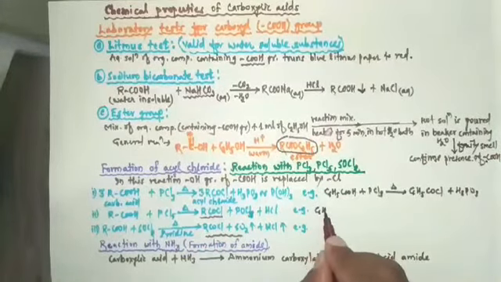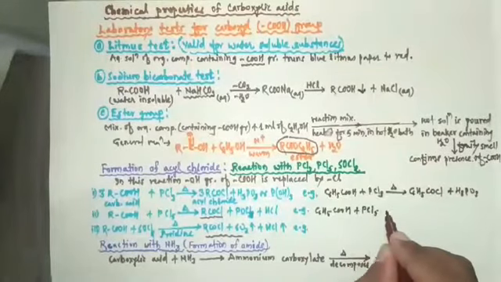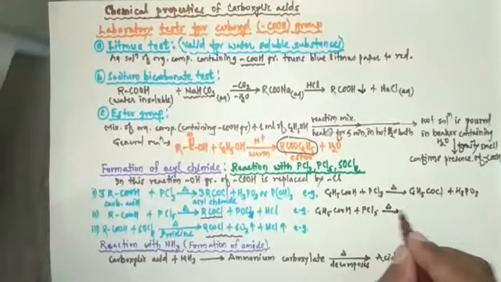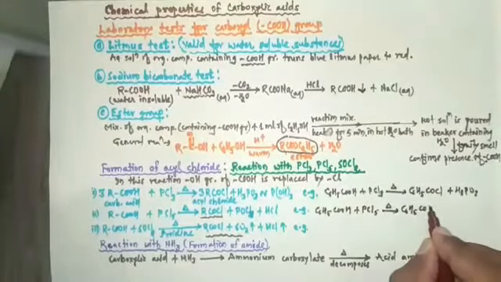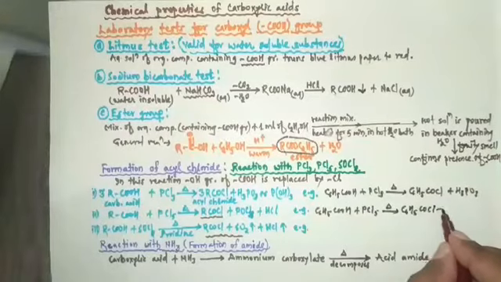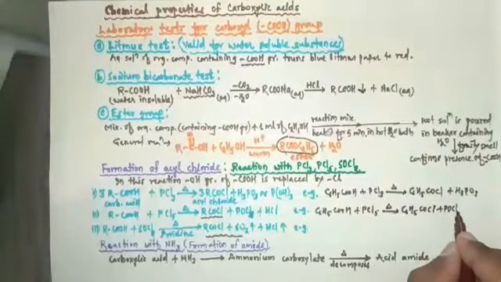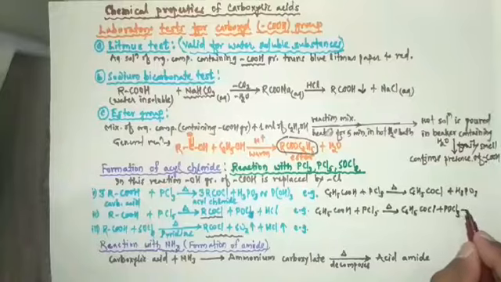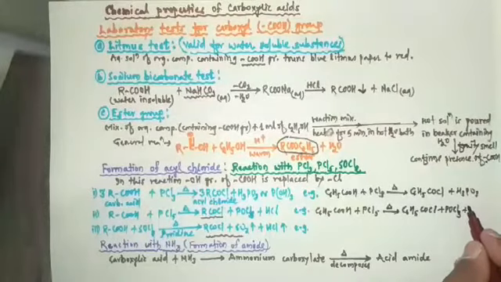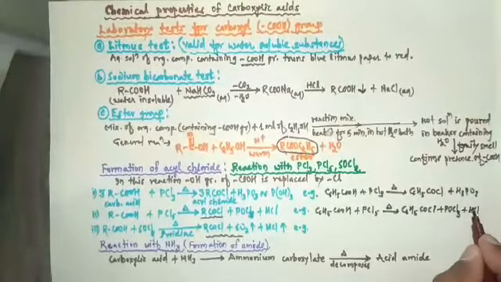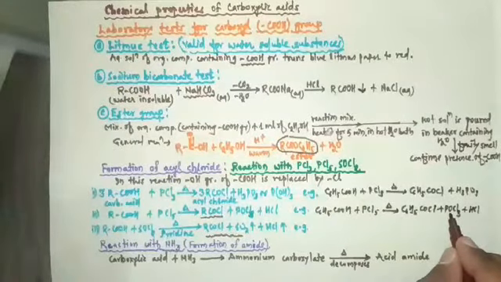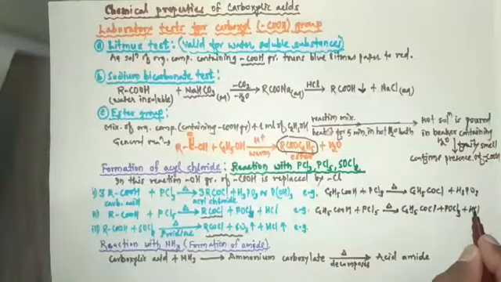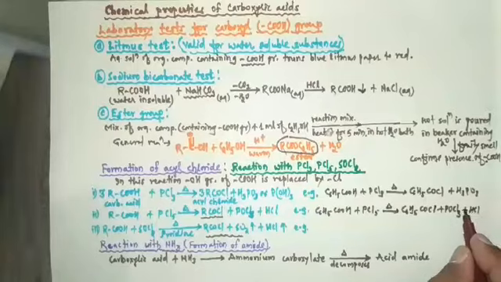Benzoic acid on reacting with phosphorus pentachloride, and when the reaction mixture is heated, there will be the formation of C6H5COCl, and the byproducts are POCl3 and HCl. So thus again benzoyl chloride is formed, and the byproducts are phosphorus oxychloride and HCl.